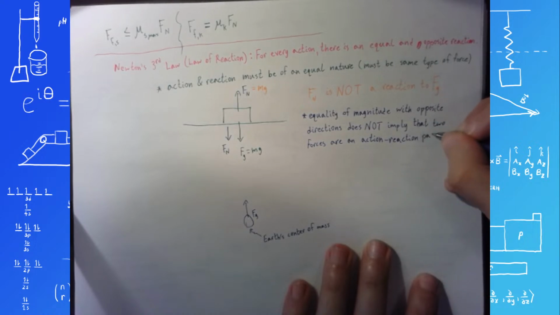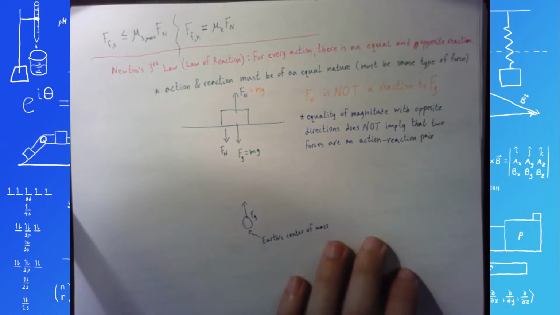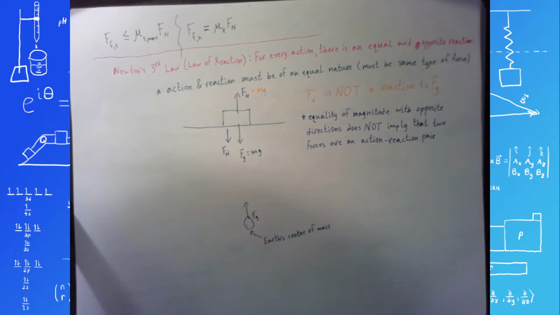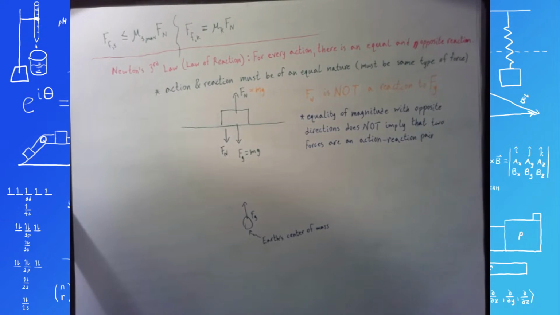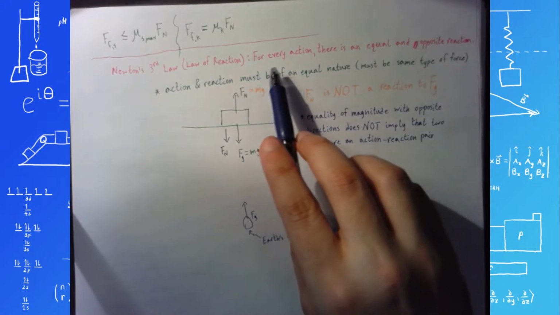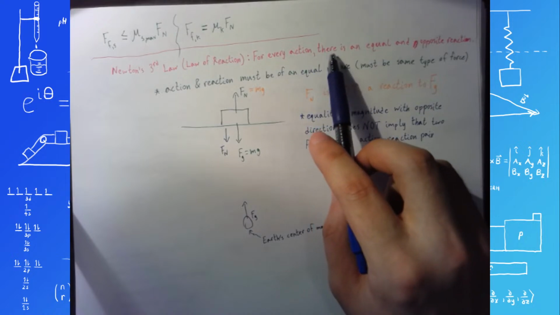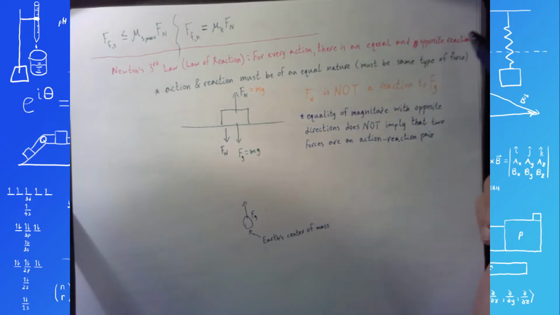This is the last thing I mentioned in that video, actually. So I'm bringing it up earlier here. Equality of magnitude with opposite directions does not imply that two forces are an action-reaction pair. It only goes one way. If you identify two things as being action and reaction, then they must be opposite in direction and equal in magnitude.